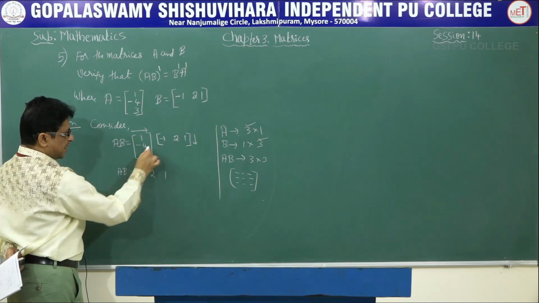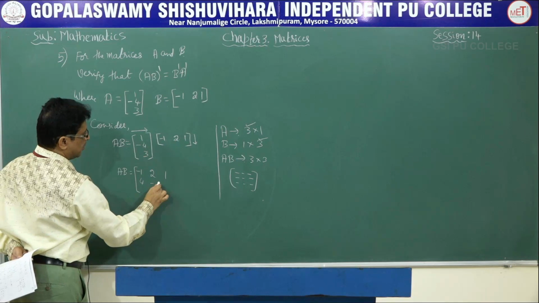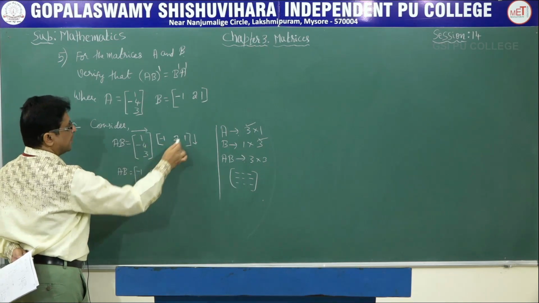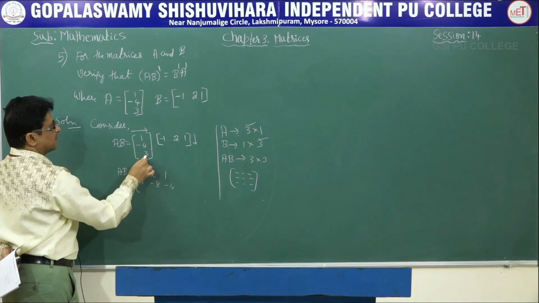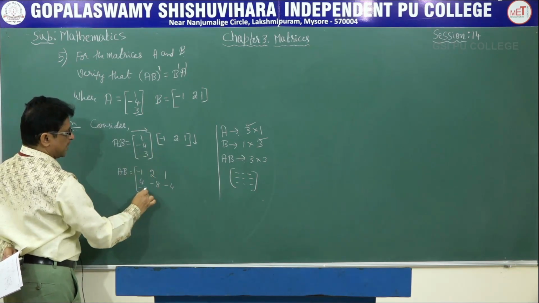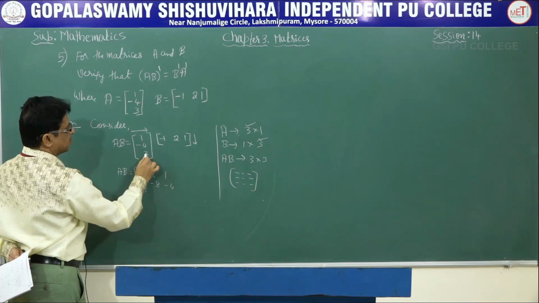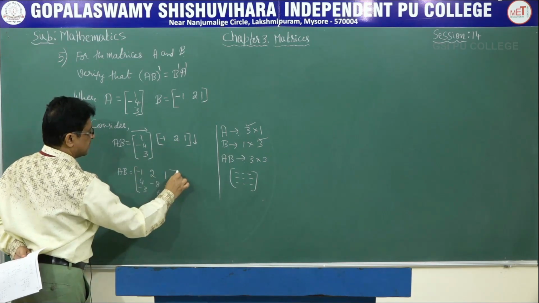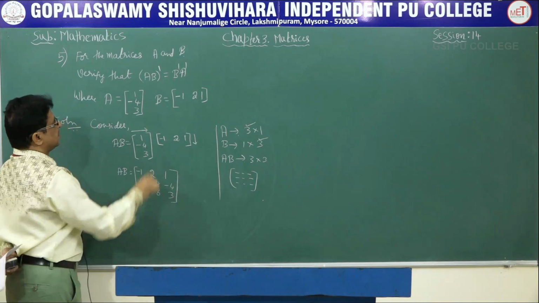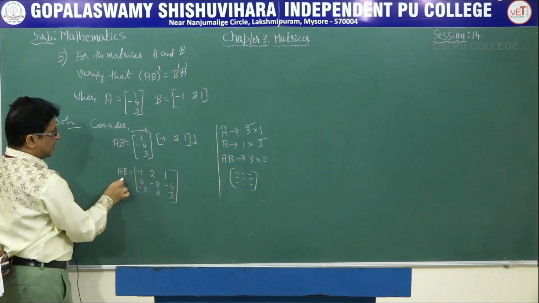Next, second row into second column, -4 into 2 is -8, -4 into 1 is -4. 3 into -1, that is third row into first column, -3. Third row into second column, 3 2s are 6, 3 1s are 3. So this is AB.